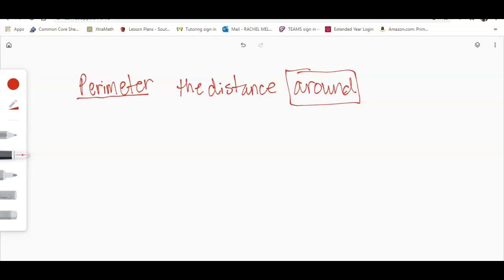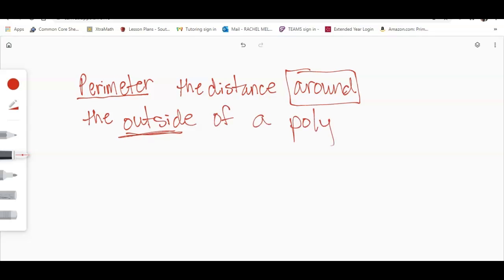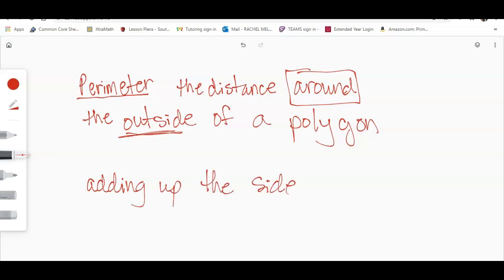The distance around the outside, I'm going to underline that because that's another super important word, of a polygon. Okay, so again, all of those polygons that we learned about last week, every one of them I can find the perimeter by adding up the sides. Okay, so let's go ahead and write that down.